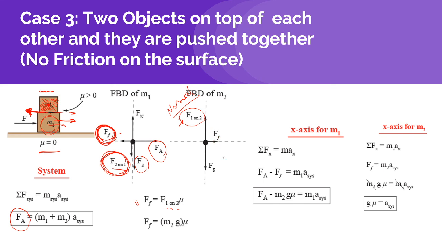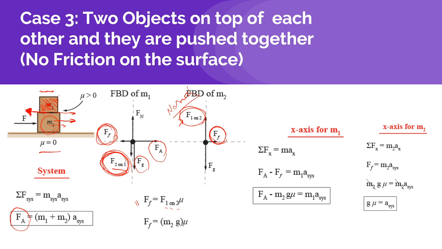And like we said, all action-reaction forces come in pairs, or all forces come in pairs. Since friction on the top is going to the right, then the friction on the bottom must go to the left. And this F1 on 2 and F2 on 1, those are two pairs, and those friction forces are pair forces as well.